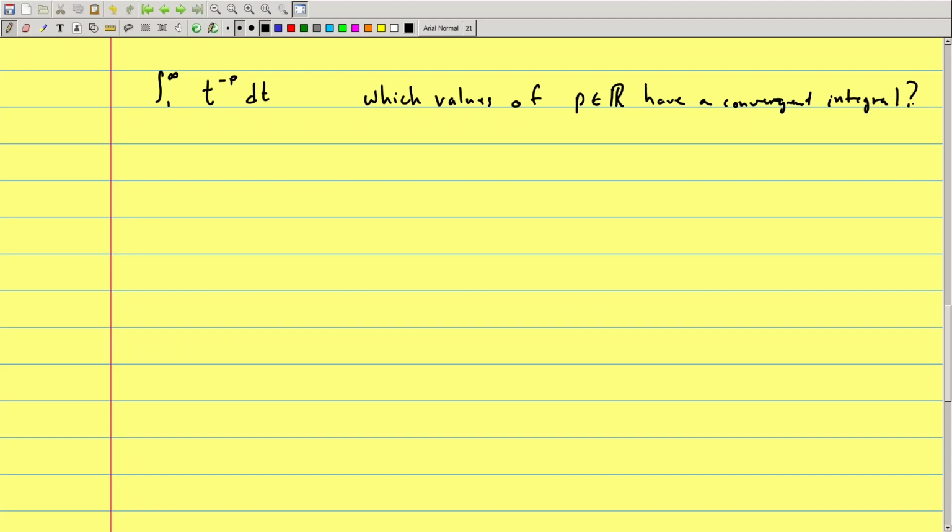We want to answer the question, which values of p allow this integral to converge?